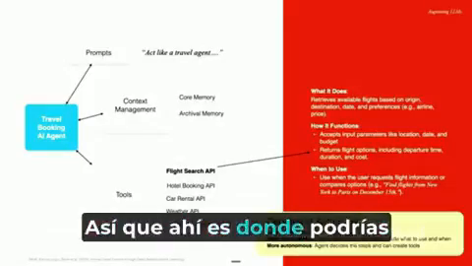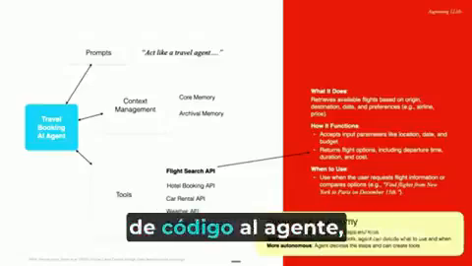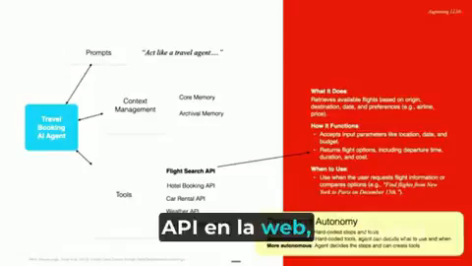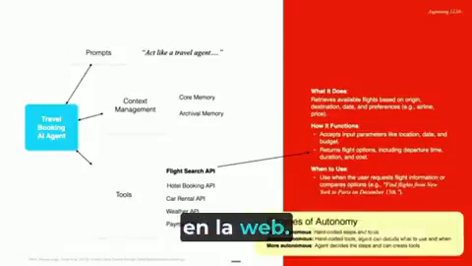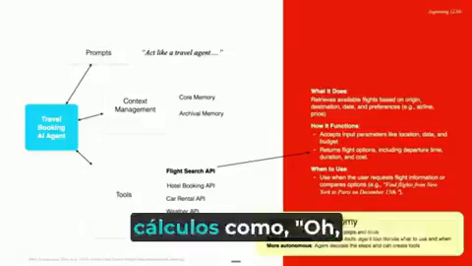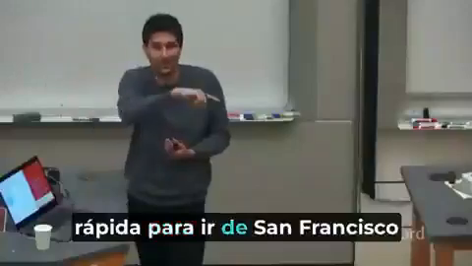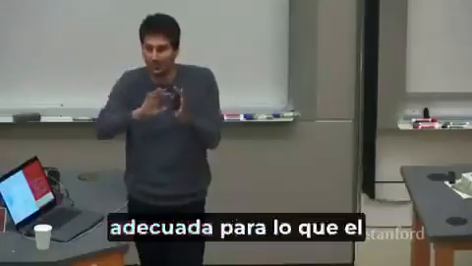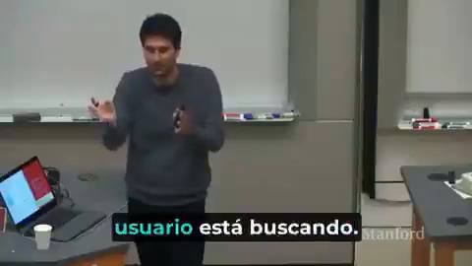So that's where you might give actually access to a code editor to the agent, and the agent might actually be able to ping any API on the web, perform some web search. It might even be able to create some code to display data to the user. It might even be able to perform some calculations like, I'm going to calculate the fastest route to get from San Francisco to New York, and which one might be the most appropriate for what the user is looking for.